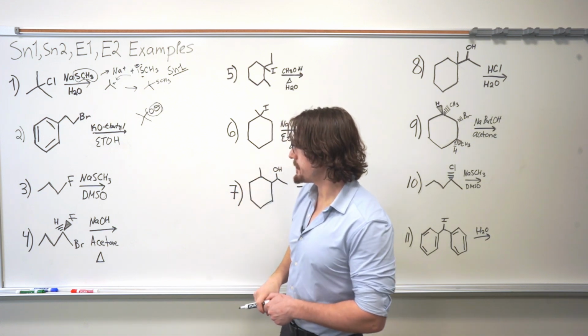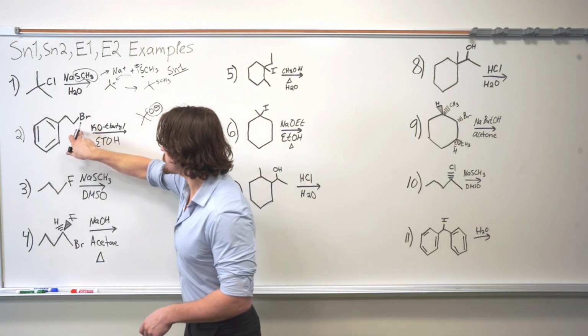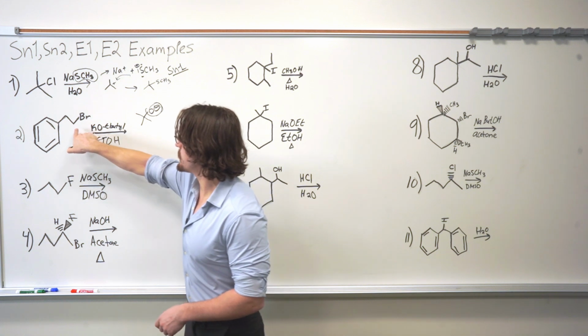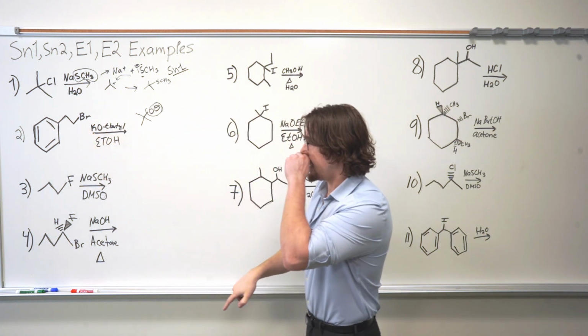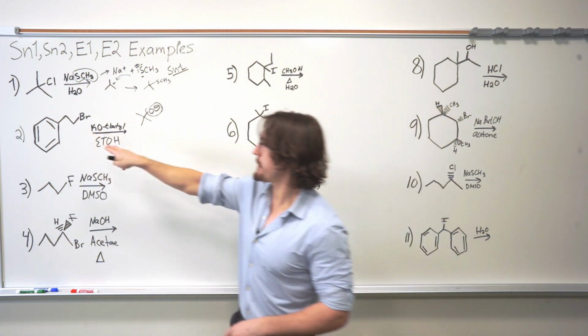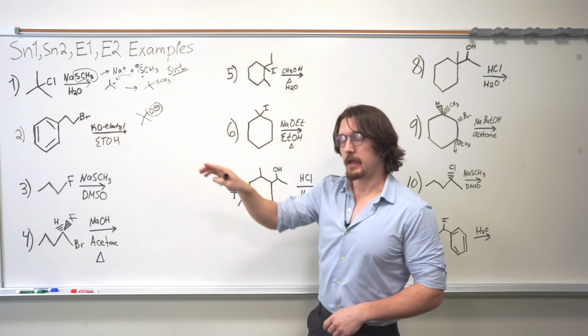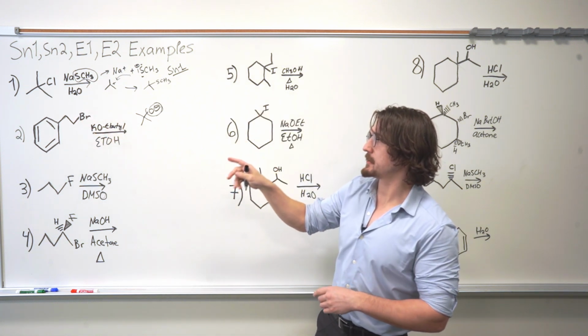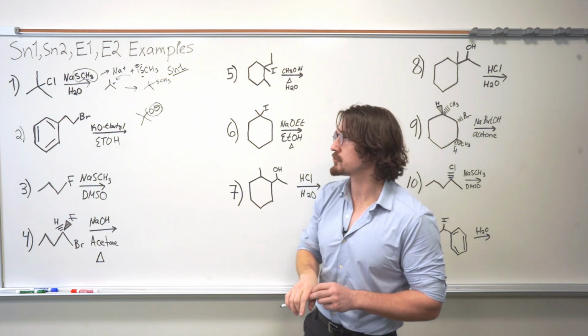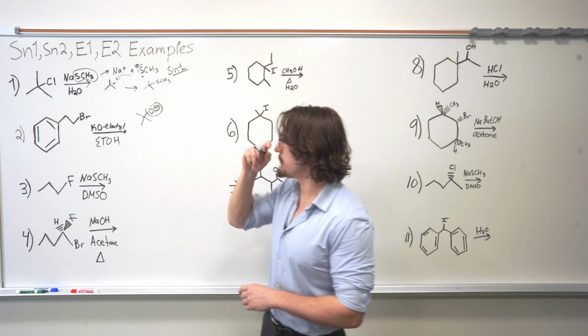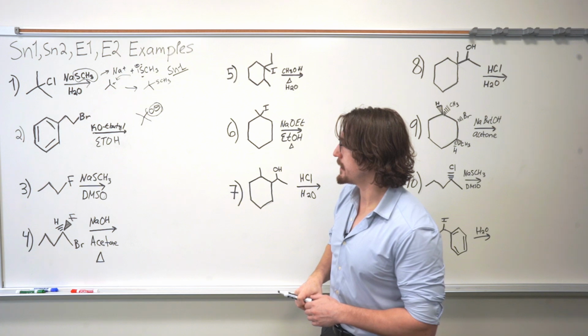And then the other thing is we have the substrate. When the leaving group leaves, this is going to form a primary carbon. So if this left, and it was an SN1 reaction, it would be a primary carbocation, which is extremely unstable. So SN1 is most likely not going to happen.